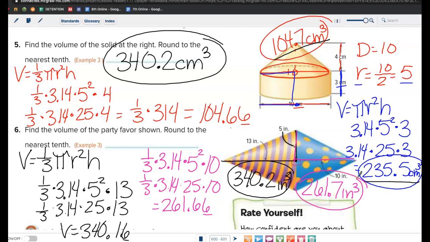To figure out the total, I add them together, to get a final answer of 601 and 9/10 inches cubed. So there is going to be your final answer.